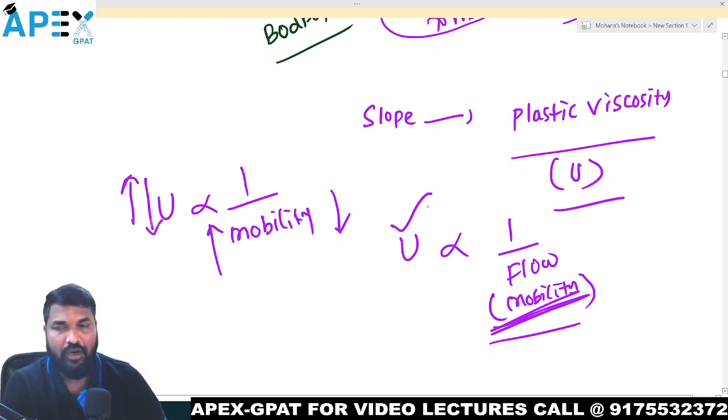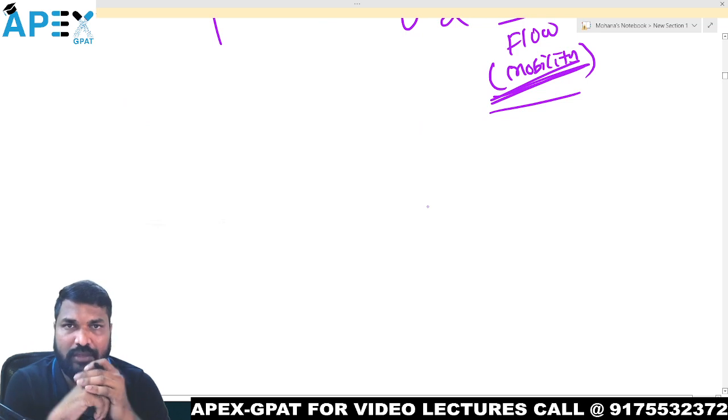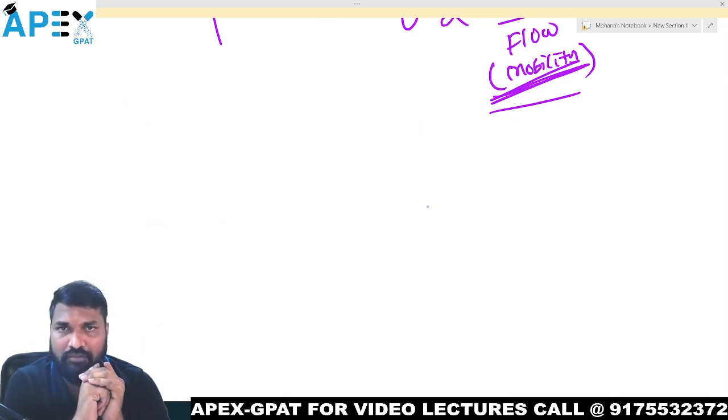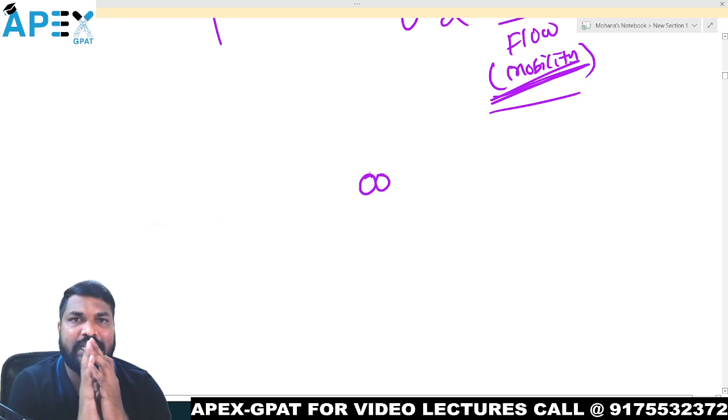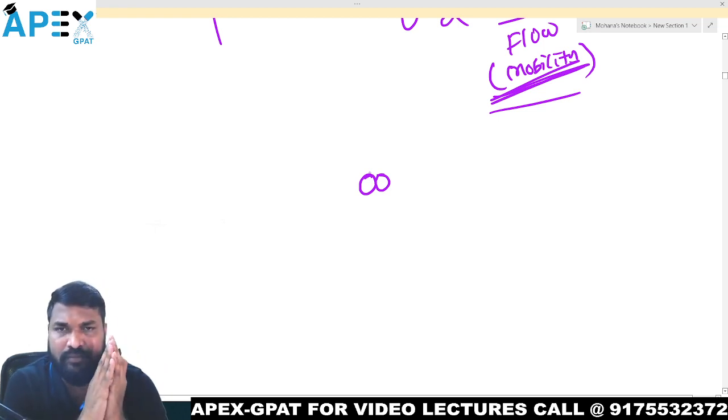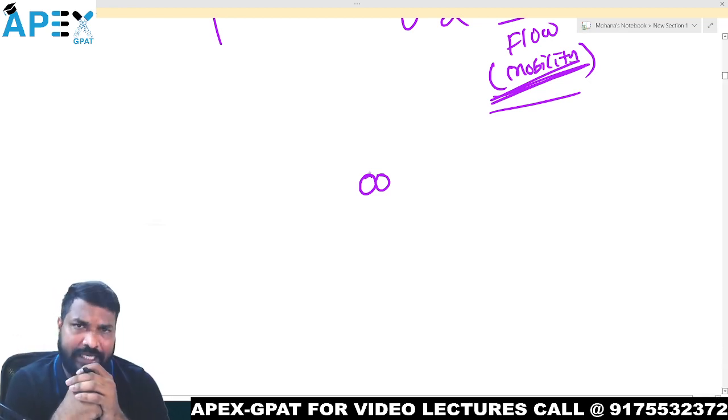Okay? Now my question is, what are the Bingham bodies here? Which materials will show the plastic flow? Did you observe? In the dispersion, one particle to other particle is aggregated, fused here. Now can you tell me, in which suspension the particles are aggregated?